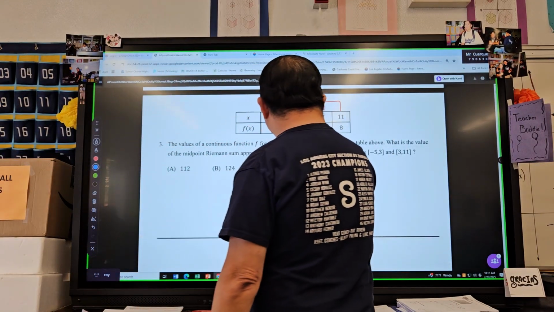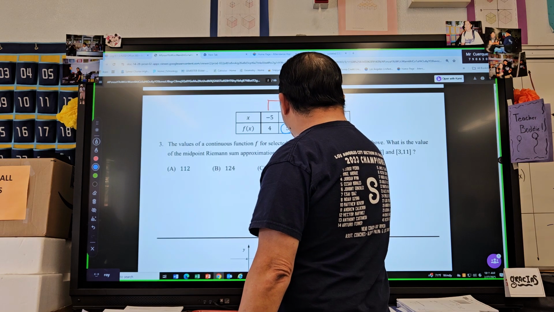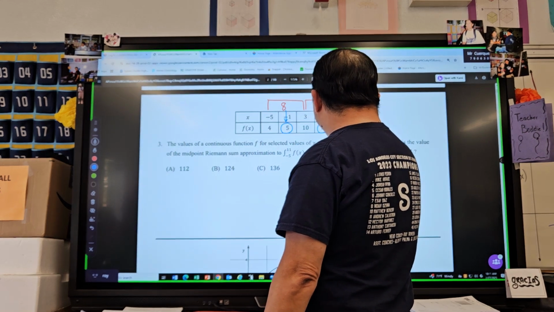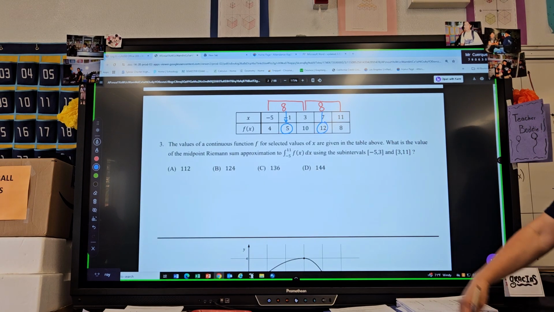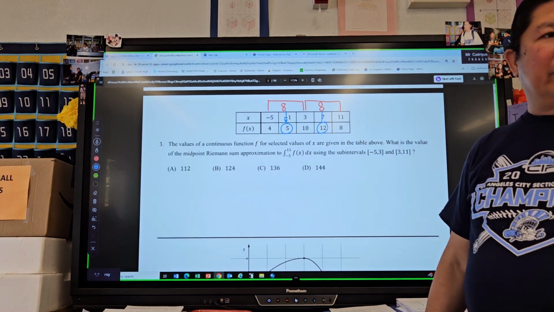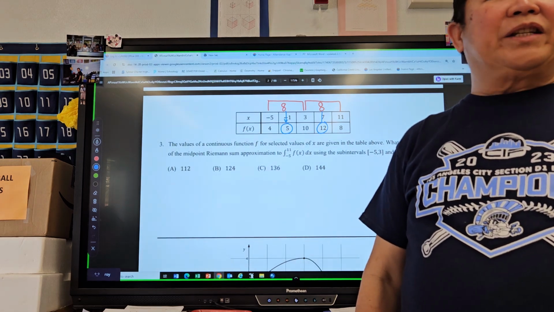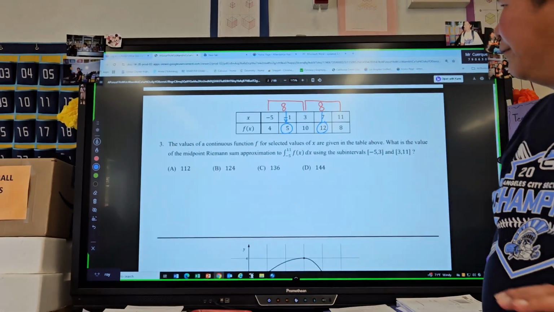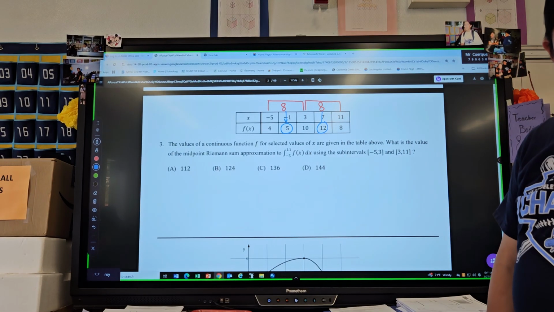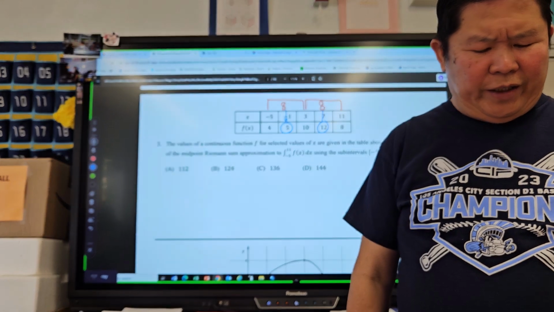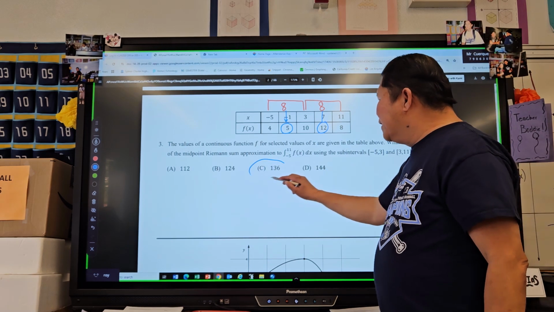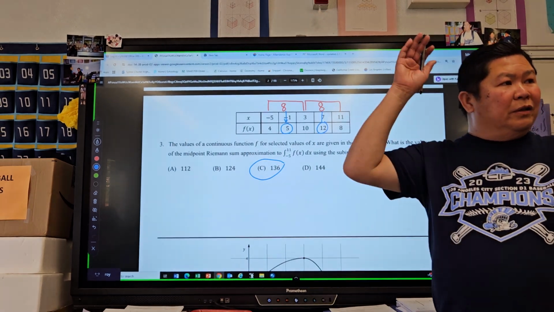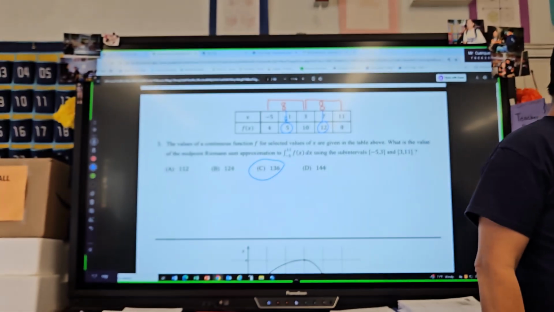So this one and this one. Can you now multiply right away? What is 12 times 8? 96 plus 40, that's 136, right? So boom. If this is a multiple choice question, you have the answer right away.